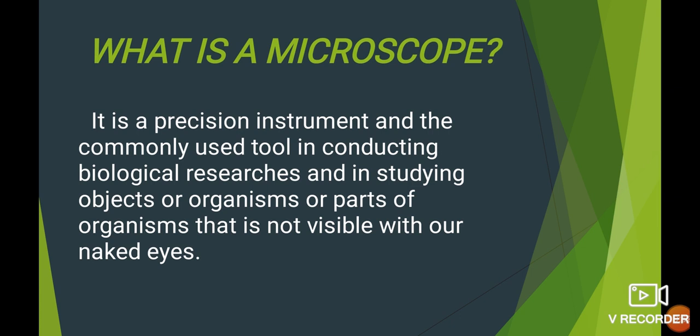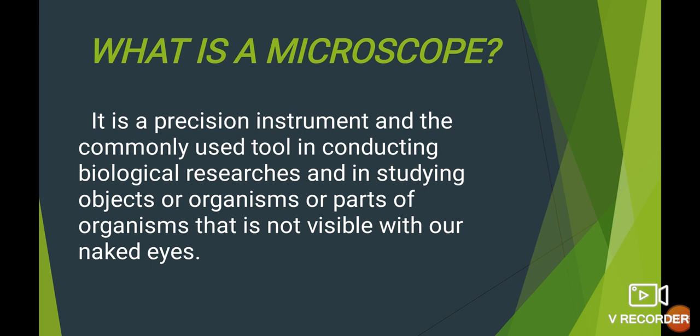Now, this microscope opened up new worlds for scientists. According to history, in 1665, Robert Hooke used a simple microscope to observe a slice of cork, and through that he was able to discover the cell.